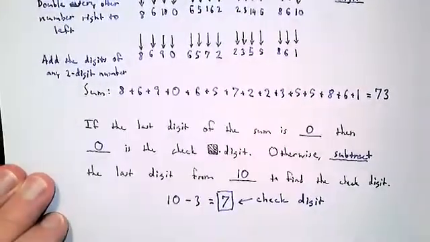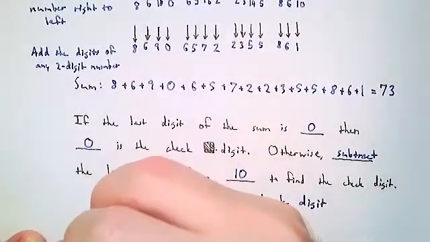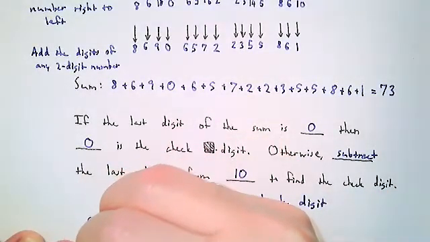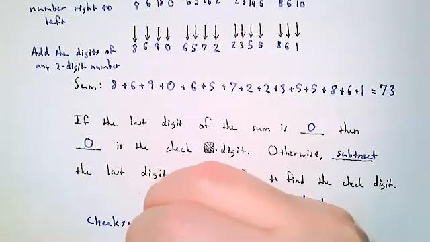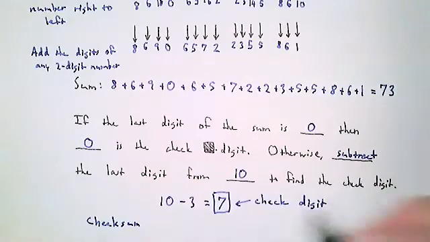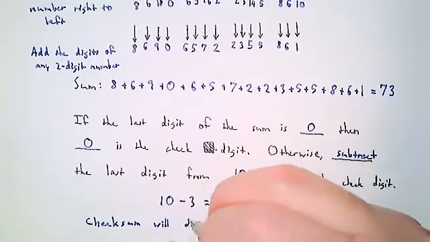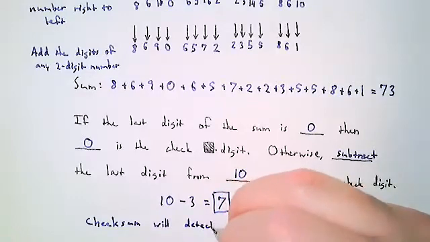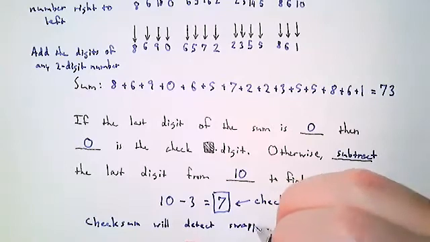So the idea with this checksum, as I mentioned, is that it confirms the credit card number is correct. And there are a few kinds of errors that it'll detect. The primary ones are swapped numbers.